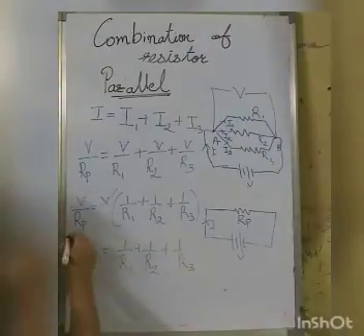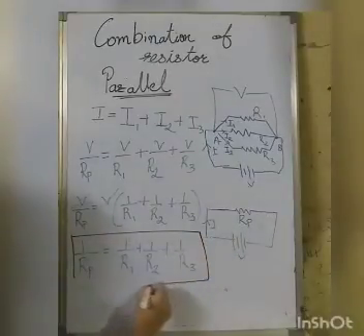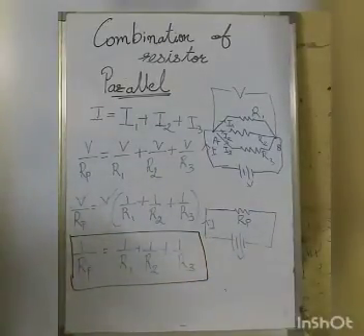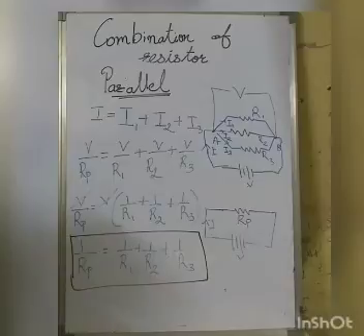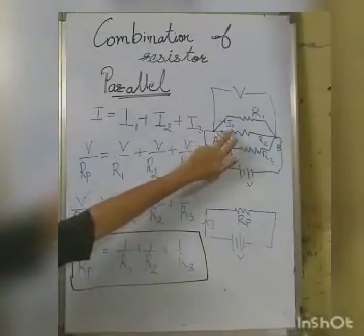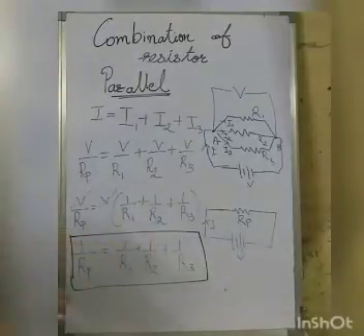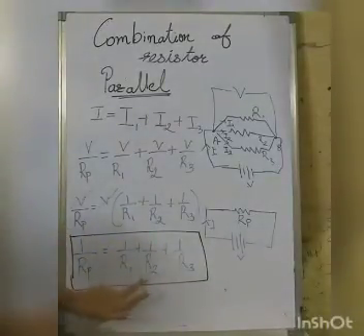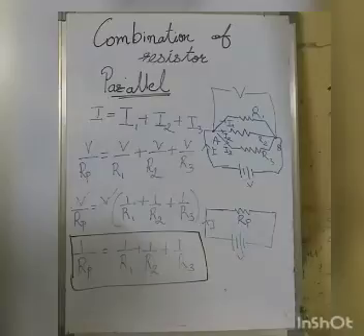And this is nothing but your equivalent resistance for parallel connections. Now since we were talking about only 3 resistances, here we have 1 upon R1 plus 1 upon R2 plus 1 upon R3. What if there are n number of resistances? No problem.